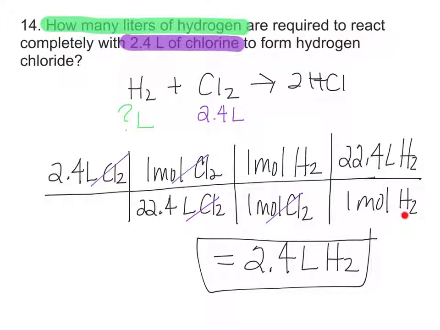And remember, that's for any gas. And then my last step would be to cancel out the moles of hydrogen. So now I'm left with that final unit that it's asking for. So I'm ready to do my calculations. And so this is where you have your choice of how you want to calculate that. But we need to multiply things on the top and divide by things on the bottom. And when you do that, you should get 2.4 liters.